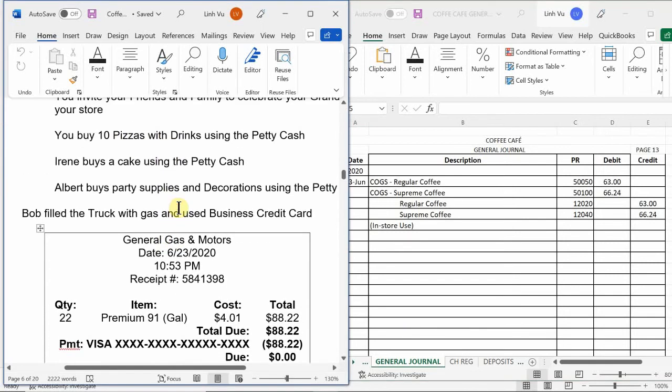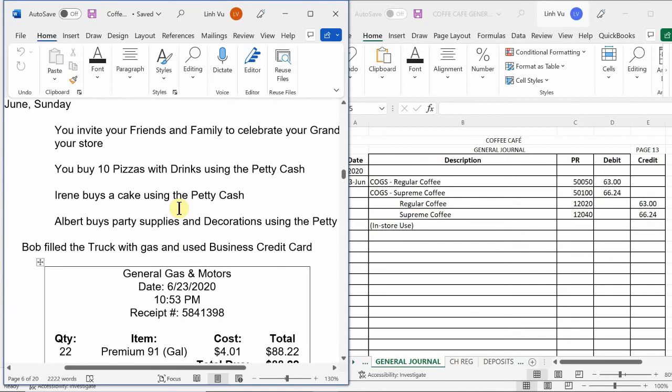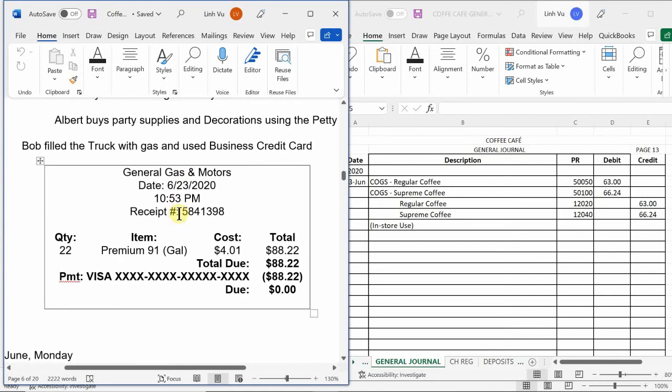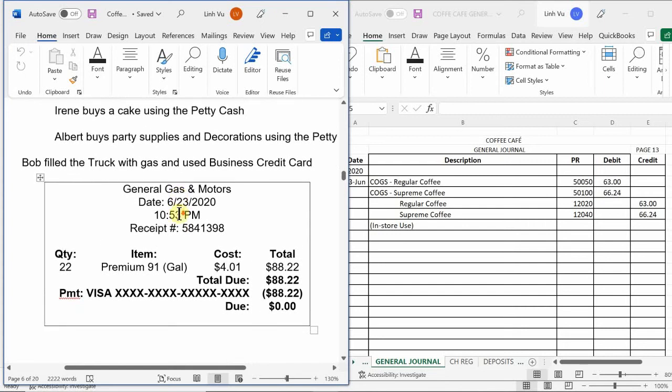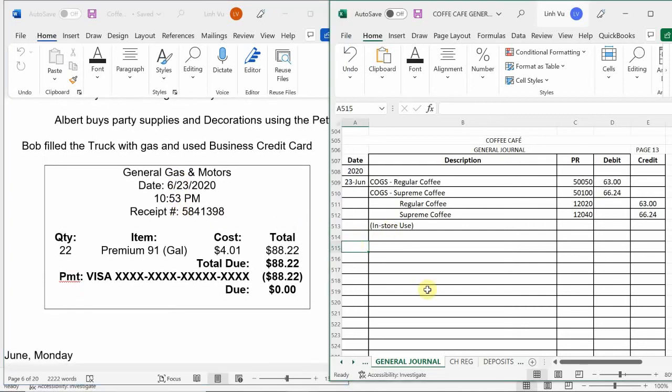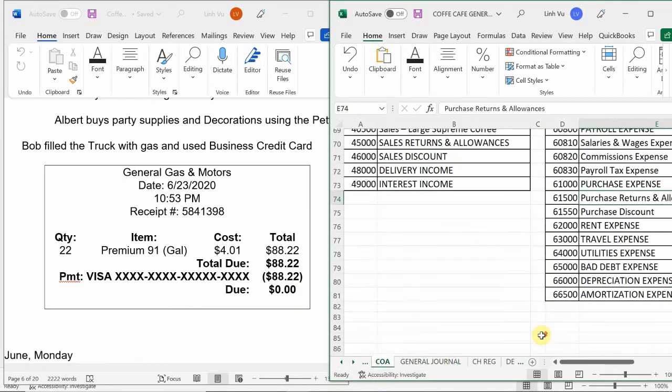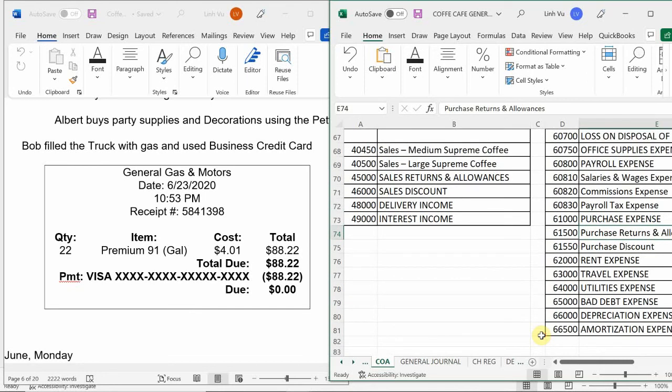So then Bob also, at the end of the day, filled up the truck with gas and used the business credit card to pay for it. So in this case, it's going to be a travel expense. Travel expense 63,000.